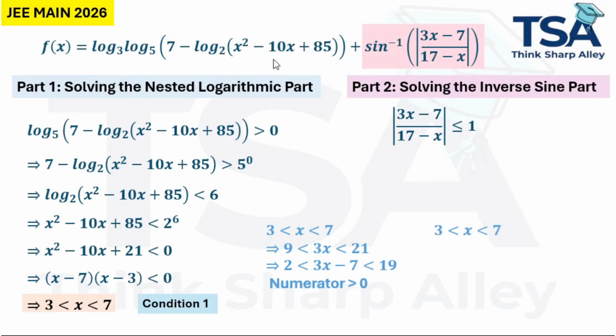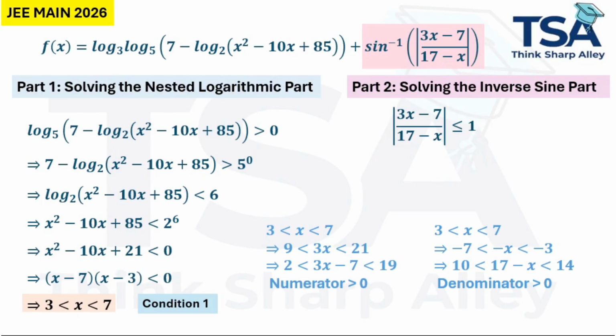For denominator, we need 17 minus x. So let's change the sign throughout. So we get minus 7 less than minus x less than minus 3. Then adding 17, we get 10 less than 17 minus x less than 14, which means clearly denominator is also positive because it lies between 10 and 14.